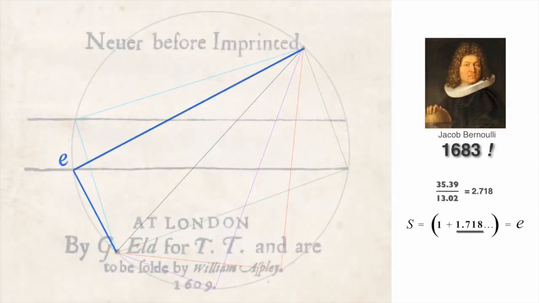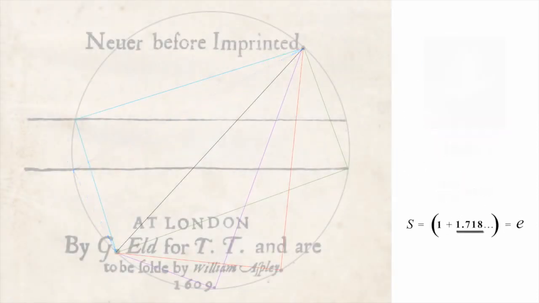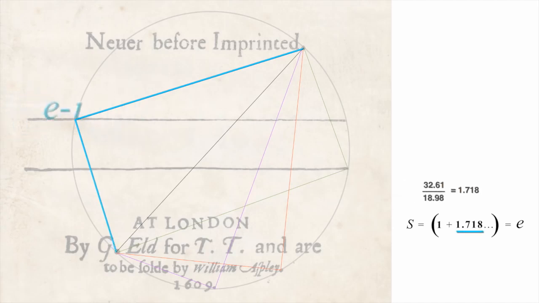But we'll put that aside, because what are we to make of this? 1.718, E minus 1. This dual constant has been completely overlooked by modern science, but whoever designed this knew it was just as important as E itself.